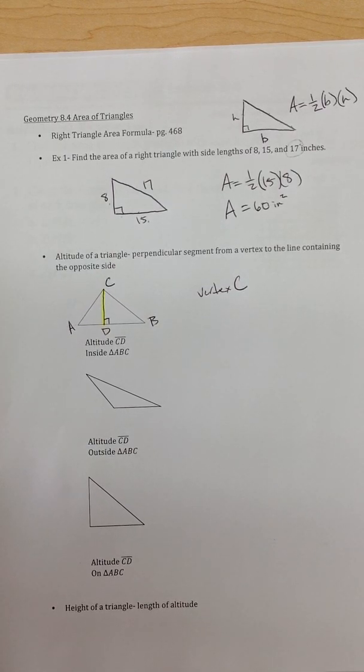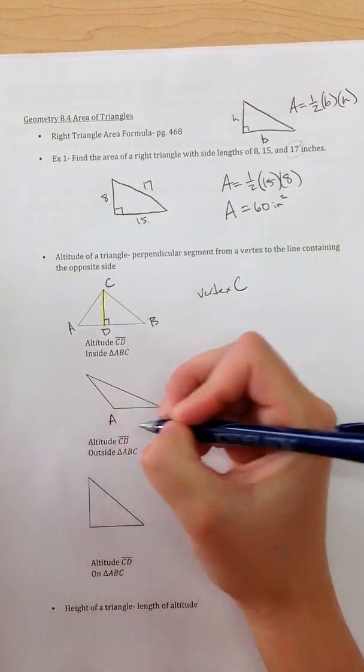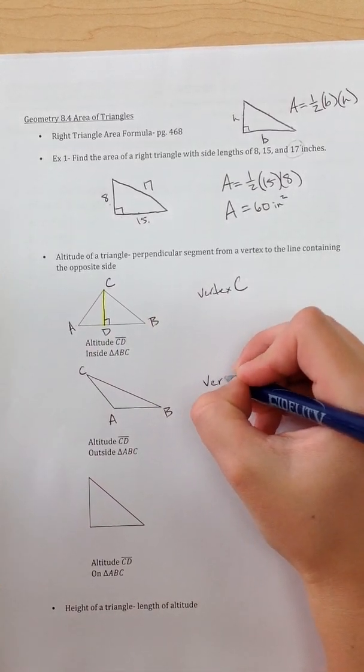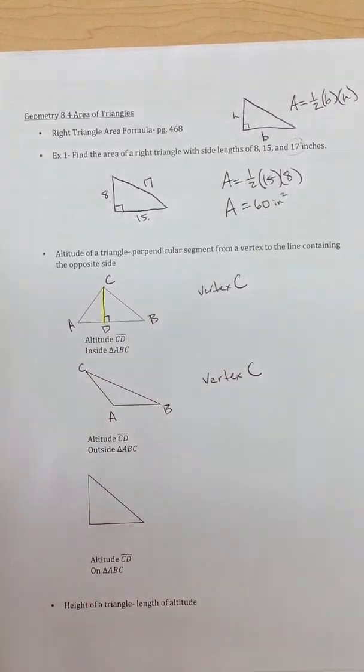You might also have situations where it goes outside of your shape, so let me show you here. So if I've got A, B, and C, and if, again, my vertex that I'm using is C, this would be a situation where our altitude would go outside of our shape.